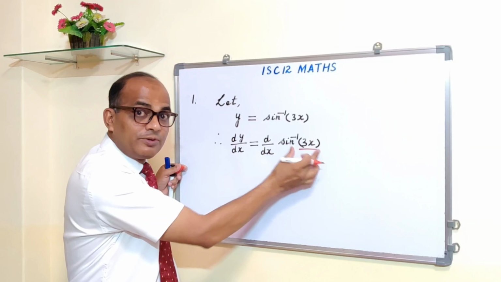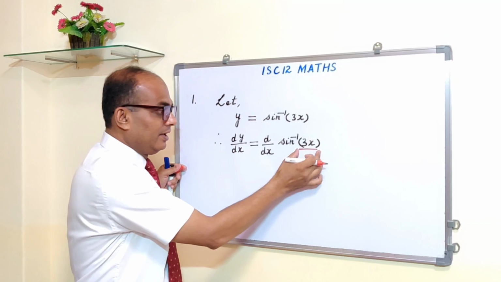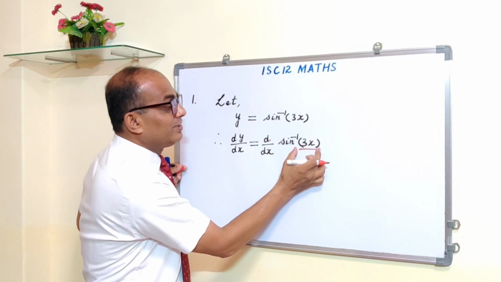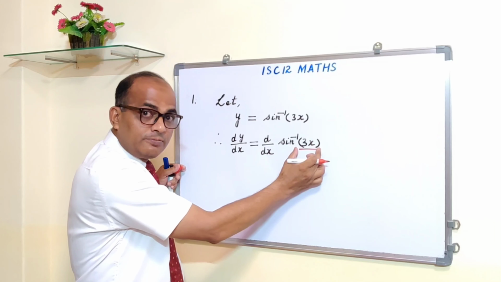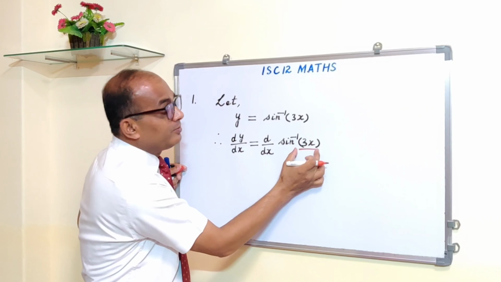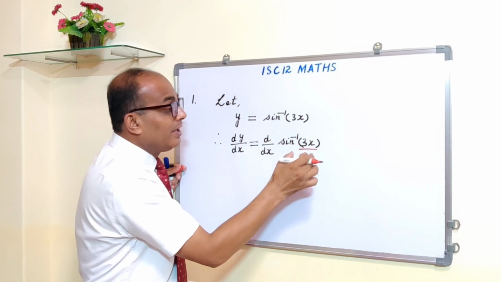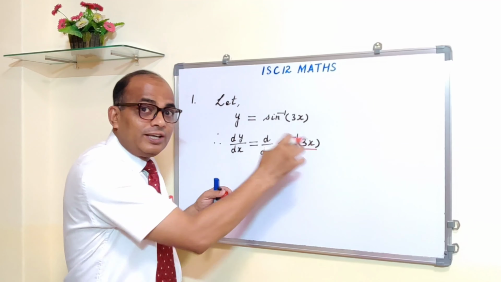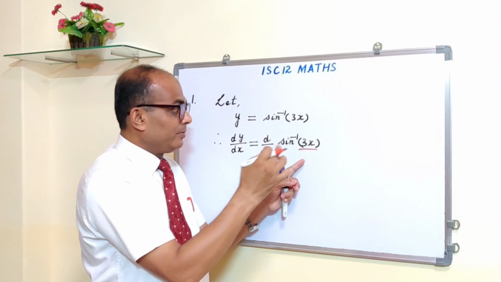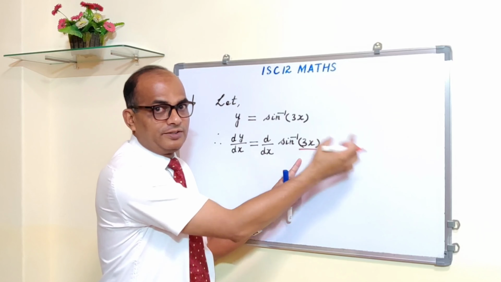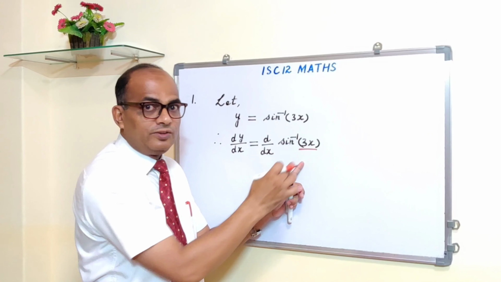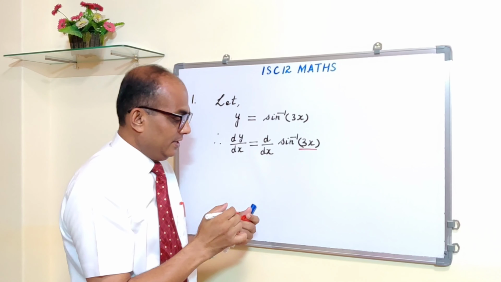This is not x, it is 3x, but we imagine this is x. So d dx of sine inverse x is 1 upon root 1 minus x square, where x means 3x, so 3x whole square. And because we are supposing this is x, we once again differentiate this 3x, d dx of 3x.